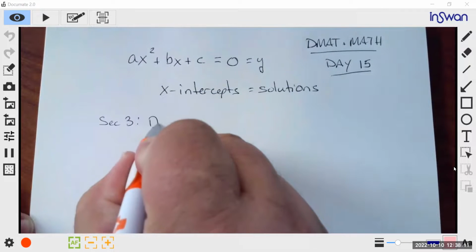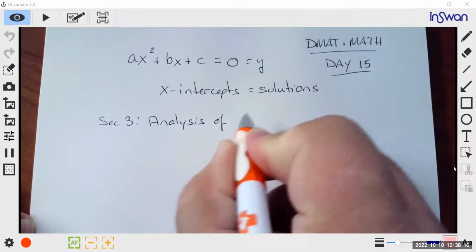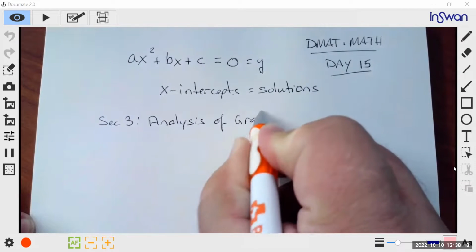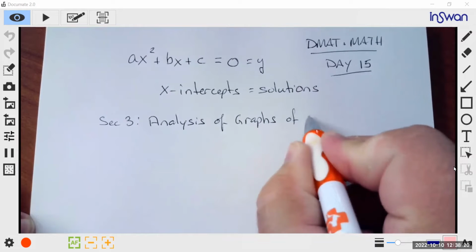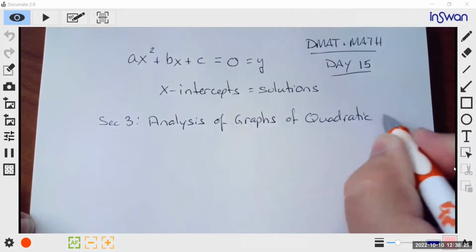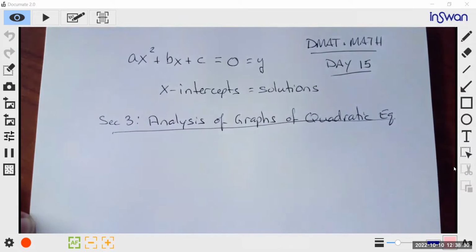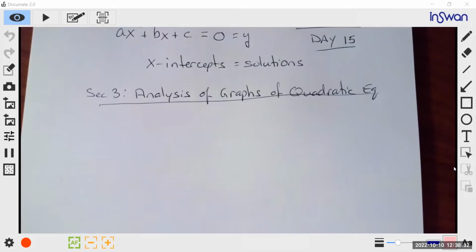Section 3 deals with the analysis of the graphs of quadratic equations. In other words, we can find the rough sketch of what the graph looks like without actually doing much work.